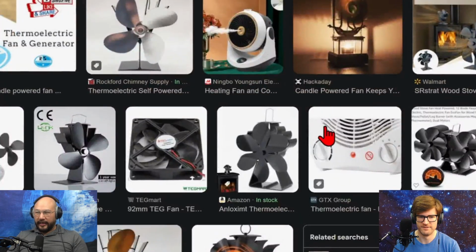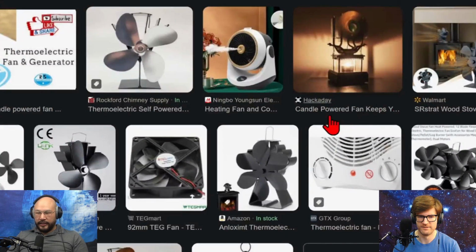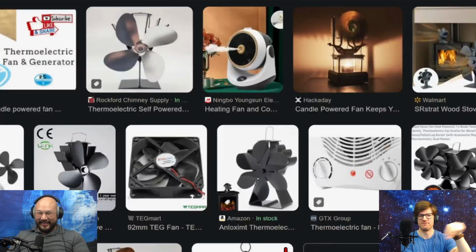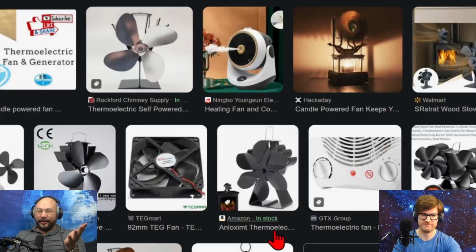I wonder if you could scale this up to some type of geothermal wind generator, which you then convert from wind into electrical. Wait, so instead of having a fan, you'd hook it up to some sort of, what's it called, a dynamo? If we already have the geothermal heat, that's already the hot side.